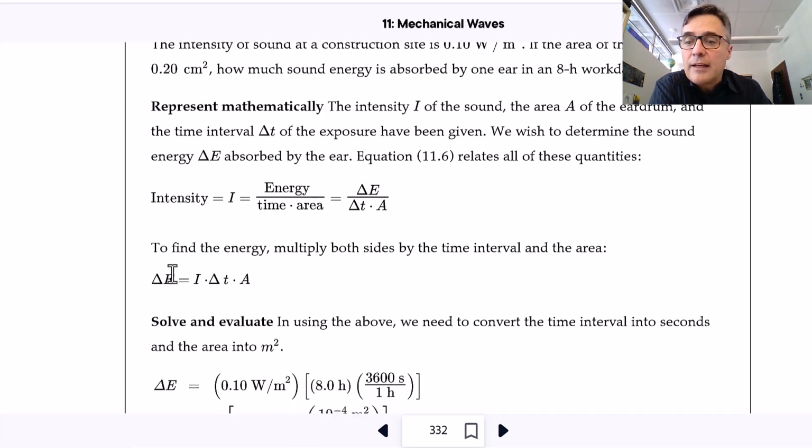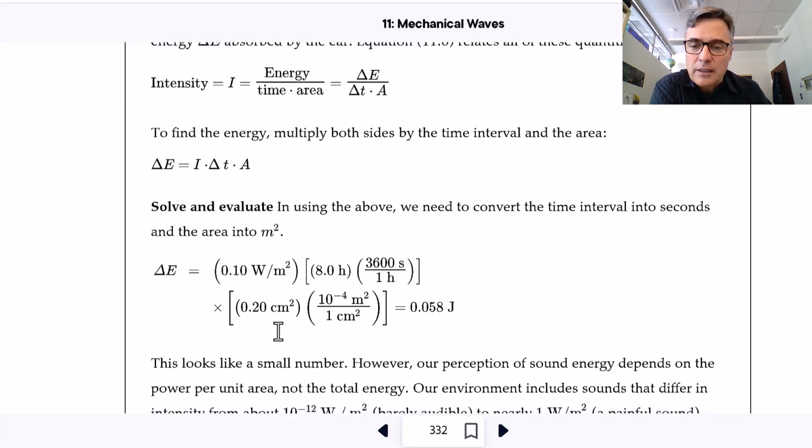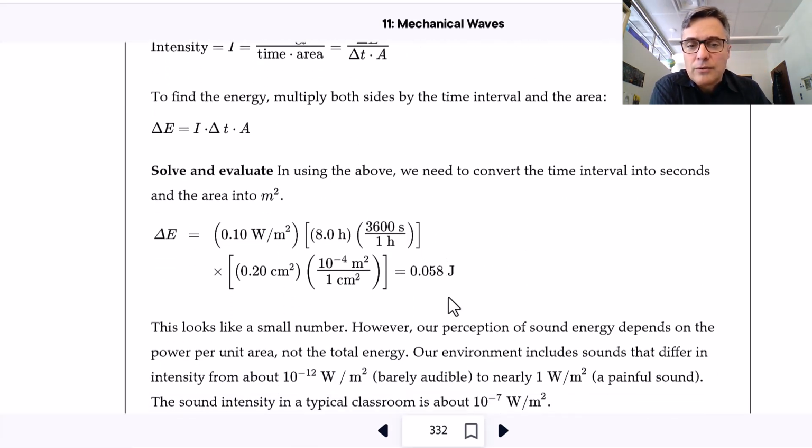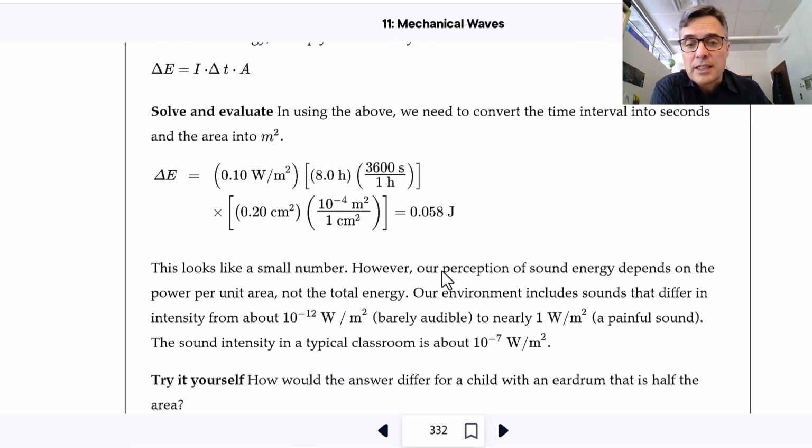If you want to find the amount of energy, delta E, that your ear absorbs over some amount of time, you take that intensity, multiply it by the 8-hour time, and multiply it by the area that your eardrum takes up, which is less than a square centimeter. So you get 0.058 joules.